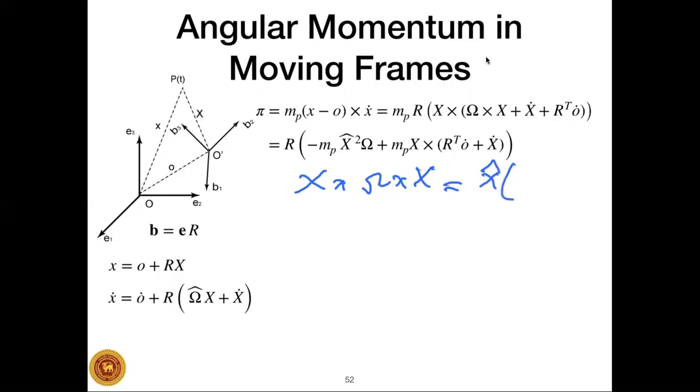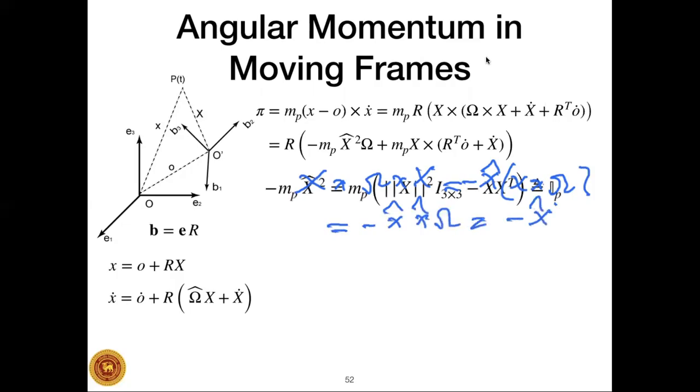This thing can be written as minus X cross omega. So this can again be written as X hat omega. So we have minus X hat squared omega.